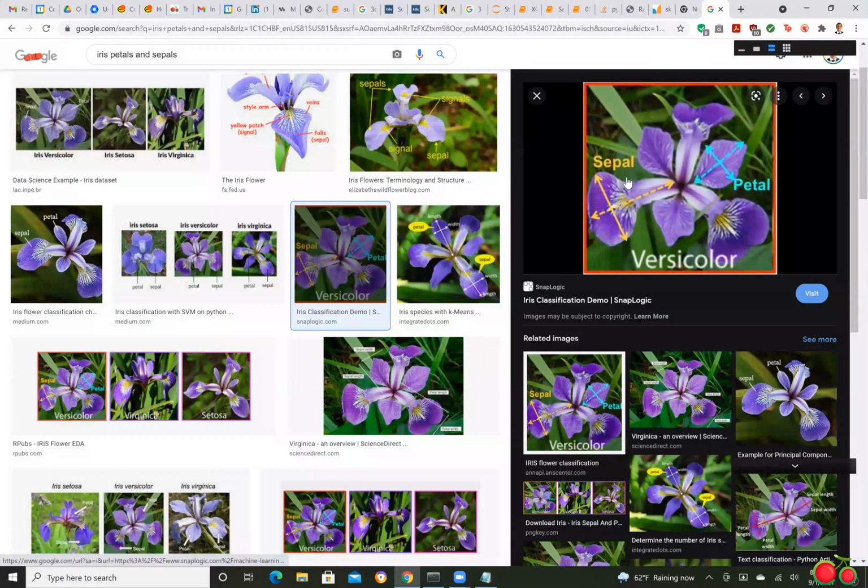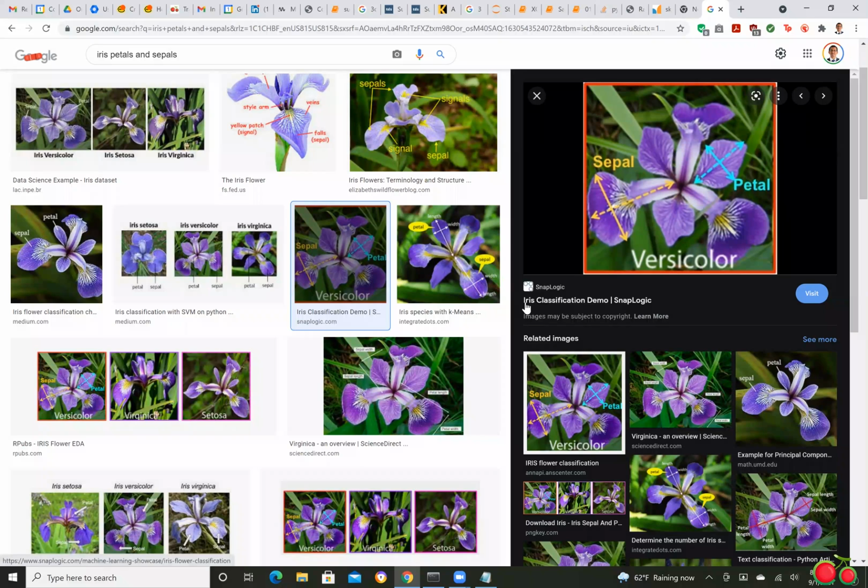The sepal is this long, big one, right? And the width is this. The length is this one, right? This vertical dashed line, the blue dashed line, is the petal length, and the blue solid line is the petal width itself.